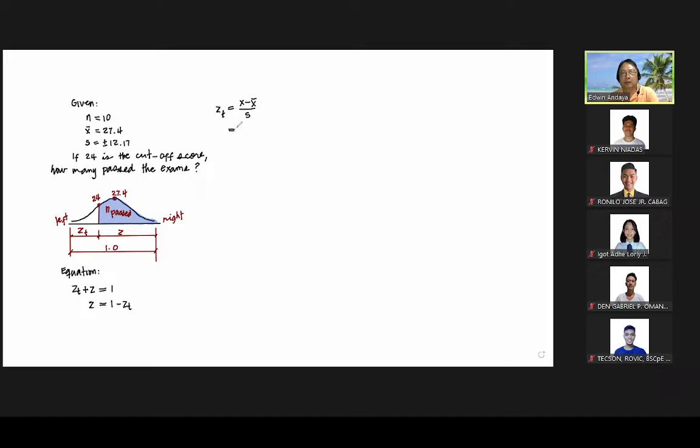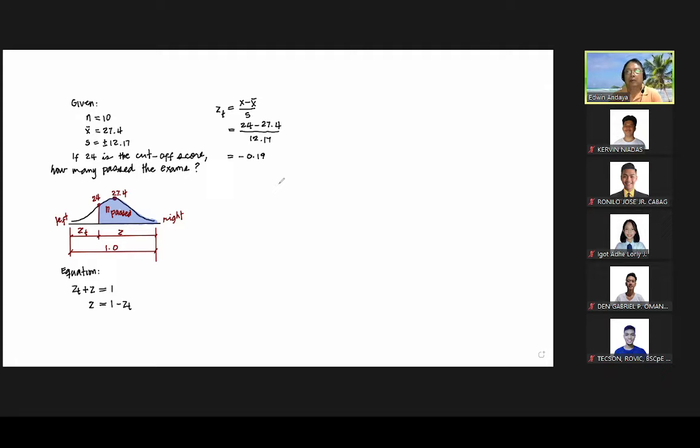Substitute 24 minus 27.4 divided by 12.17 is how much? Negative 0.19. Negative 0.19.